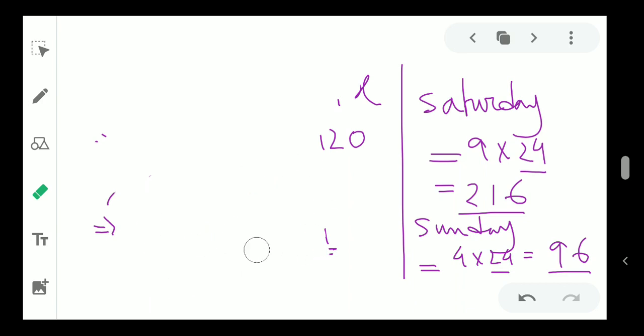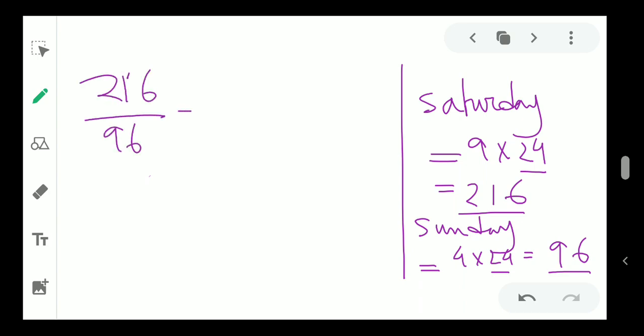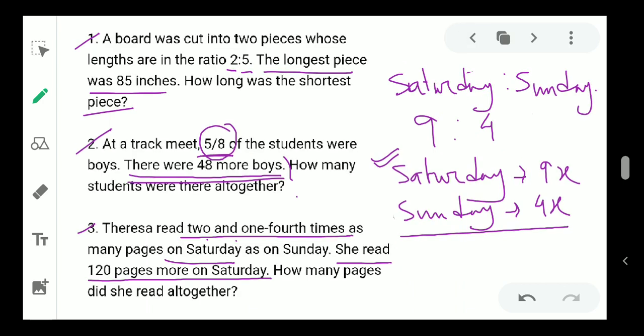If you take the ratio of these two, 216 by 96, it will come 9:4. So what we are trying to do is find out what was multiplied with our actual ratio values. This is the way you use algebra with the ratio.